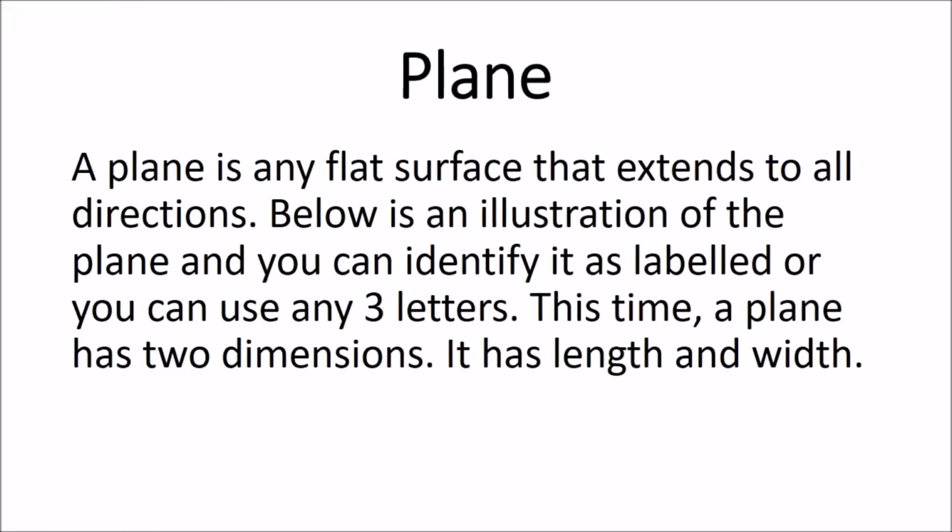Now the third is a plane. A plane is any flat surface that extends to all direction. Below is an illustration of the plane, and you can identify it as labeled, or you can use any 3 letters to represent a plane. This time, a plane has 2 dimensions. It has length and width. These are the representation or model of a plane.